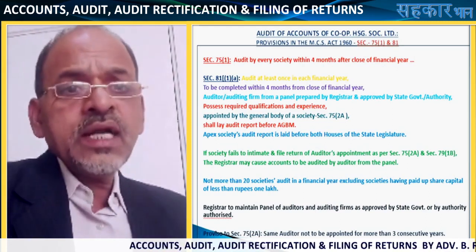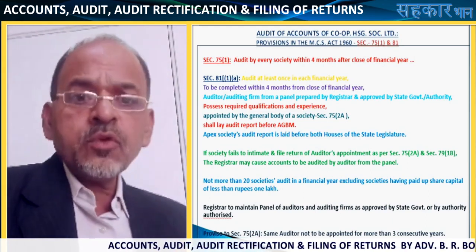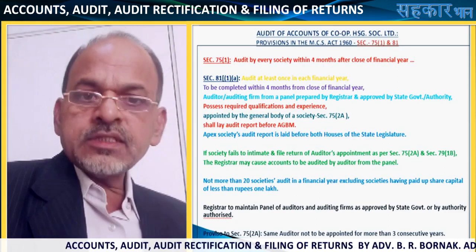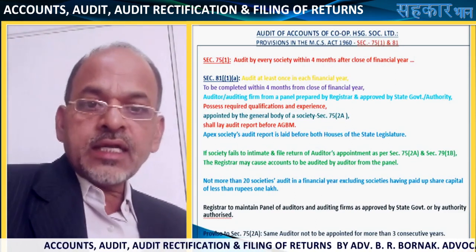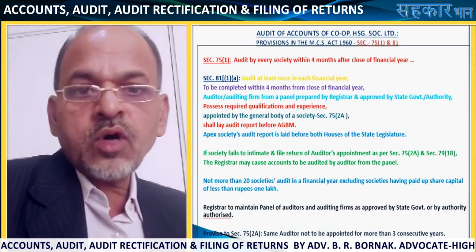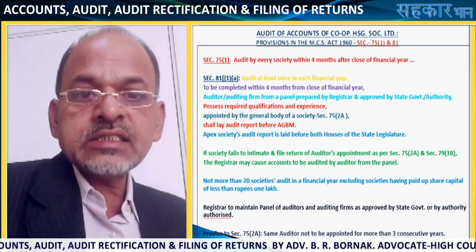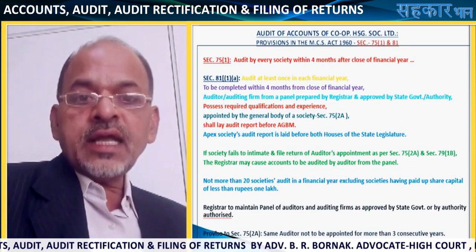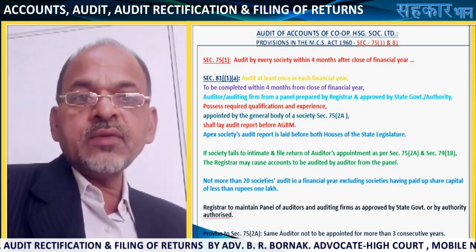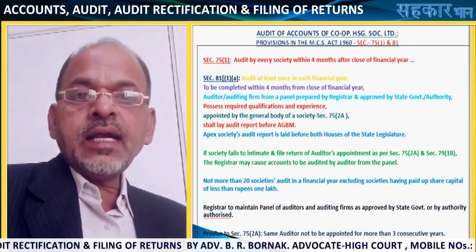Now let us see the main provisions about audit. That is section 81 of the Maharashtra Cooperative Societies Act 1960. Section 81 provides for audit, and detailed provisions have been mentioned in it.